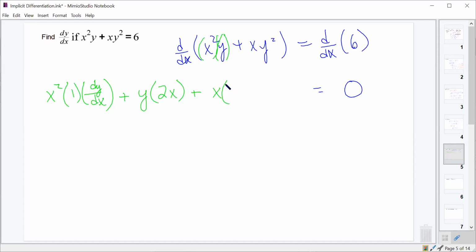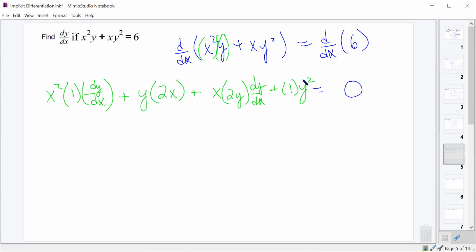Two y times dy over dx. 2y dy dx, exactly. And then the last part is the derivative of x, which is just 1, right? Times y squared, which since we weren't taking the derivative of it is just y squared. Everyone good there or no?